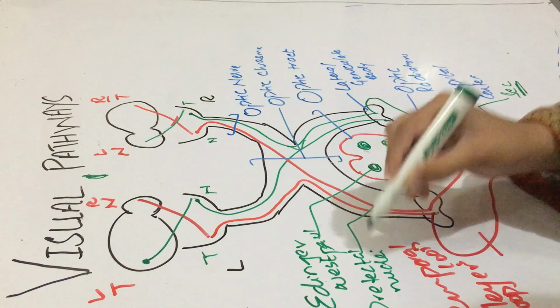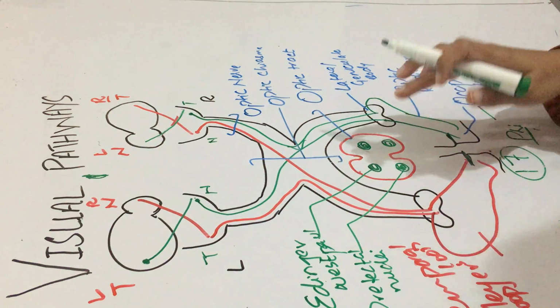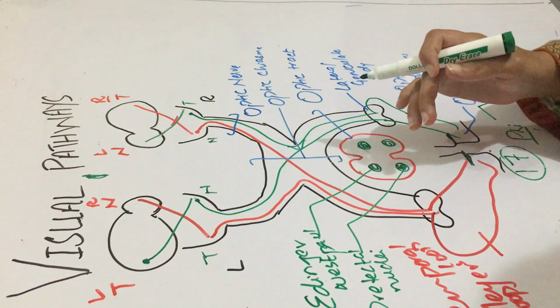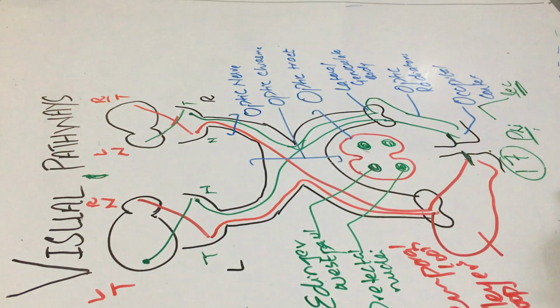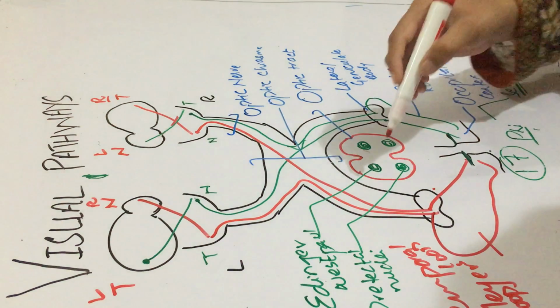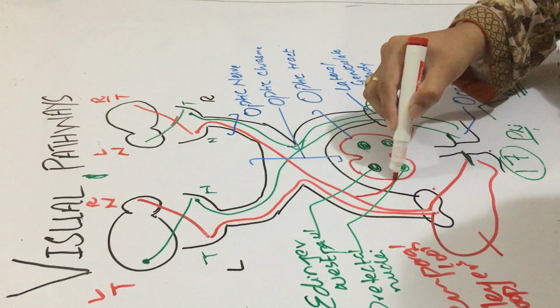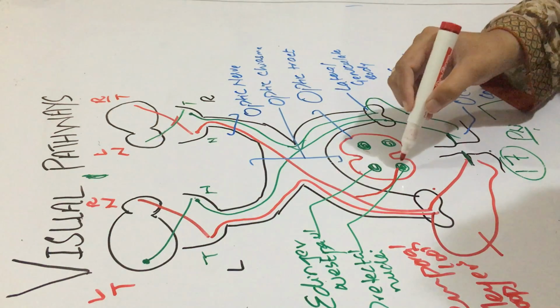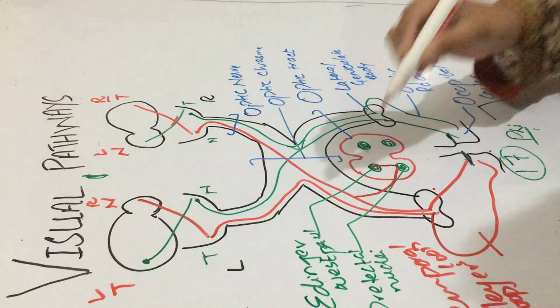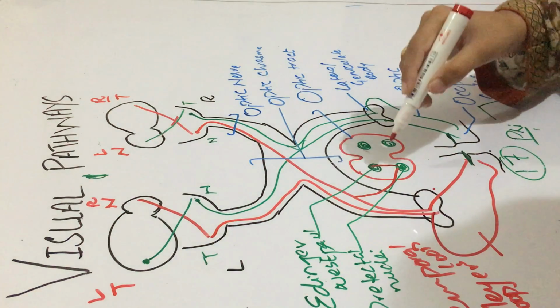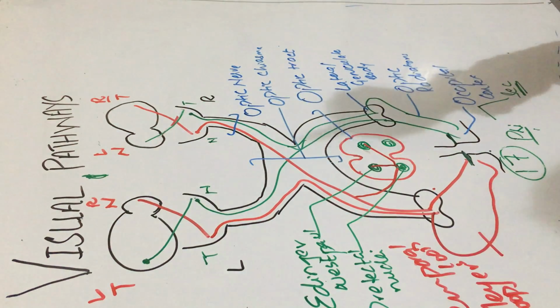The posterior most are the pretectal nuclei, while a little bit forward are the Edinger-Westphal nuclei. Some of the optic fibers before the lateral geniculate body go to the pretectal nuclei, and then to the Edinger-Westphal nuclei of the same side and also of the opposite side.